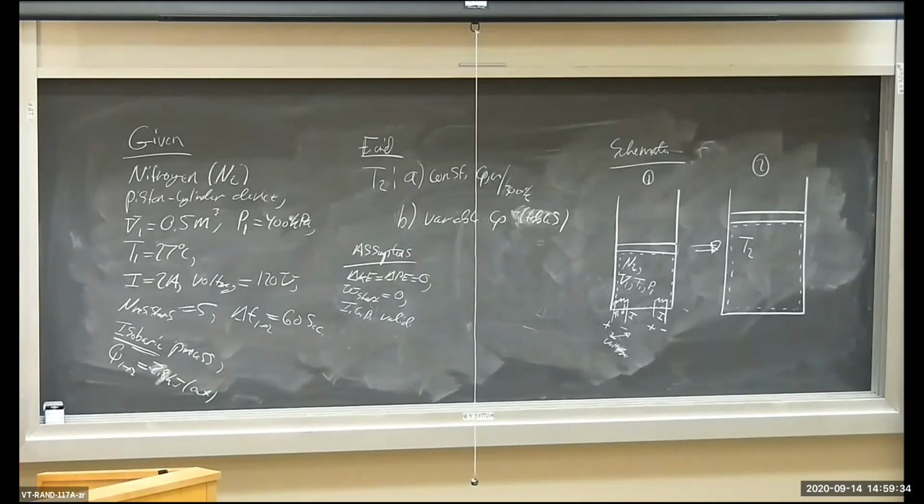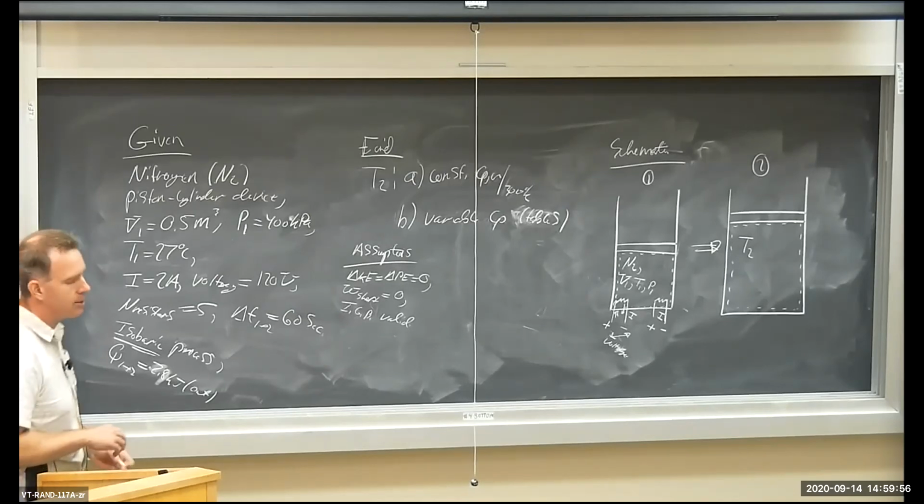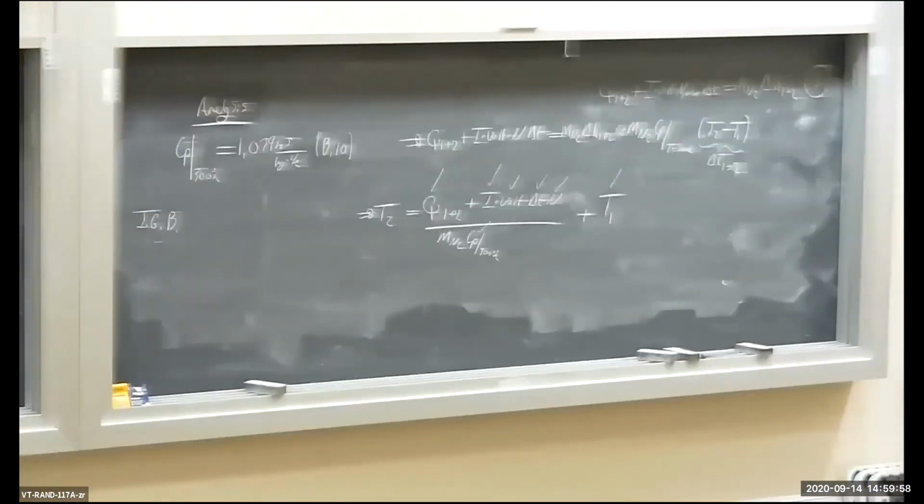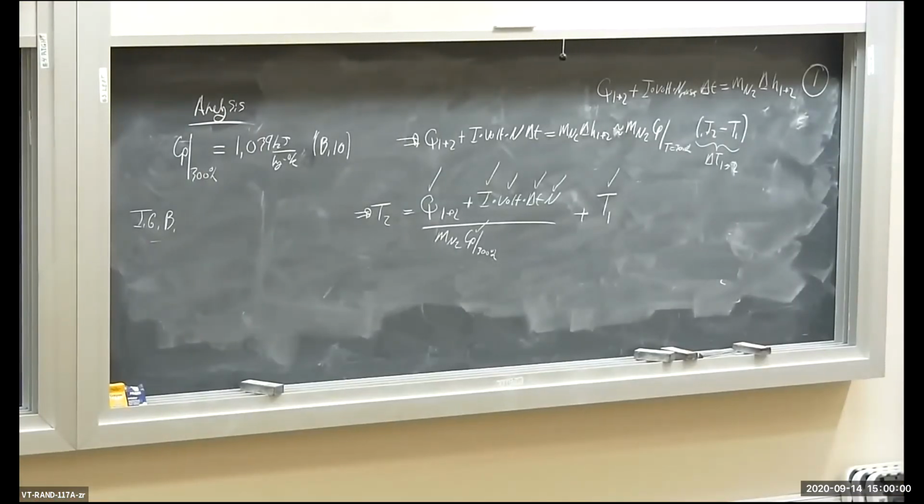It's the universal gas constant divided by the molecular weight for nitrogen. Molecular weight for nitrogen is in Table B1. Nitrogen, molecular weight is 28.01. Okay, so I got the molecular weight, so I can use the ideal gas law to calculate the mass in the tank.